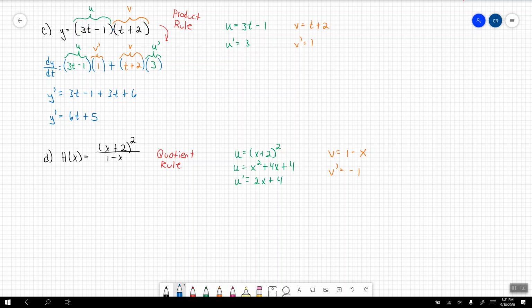So now I can start taking these derivatives and putting them together using my quotient rule.